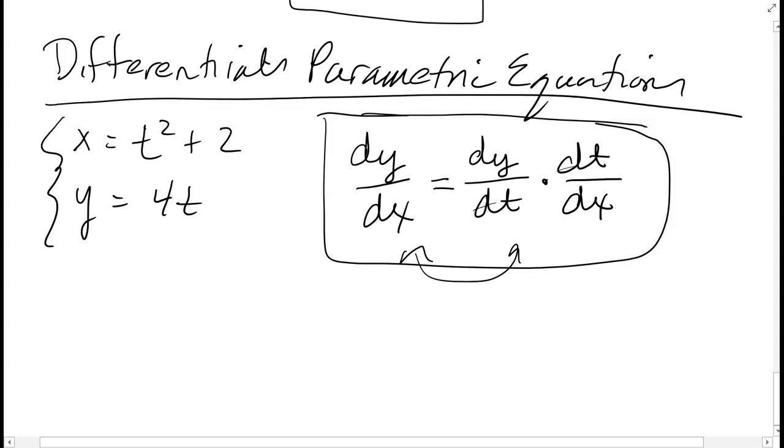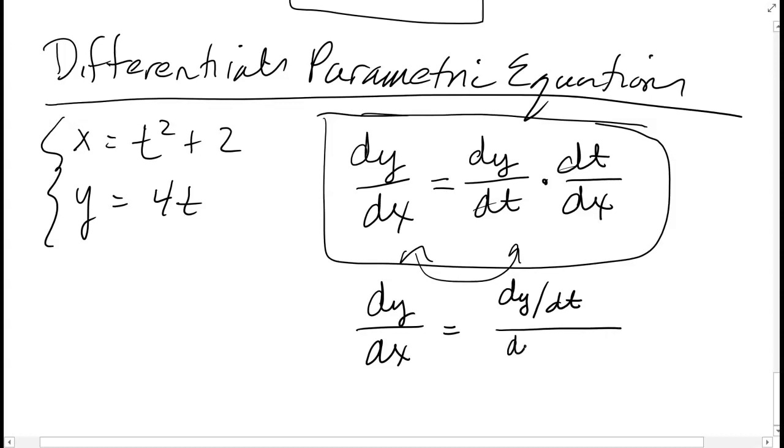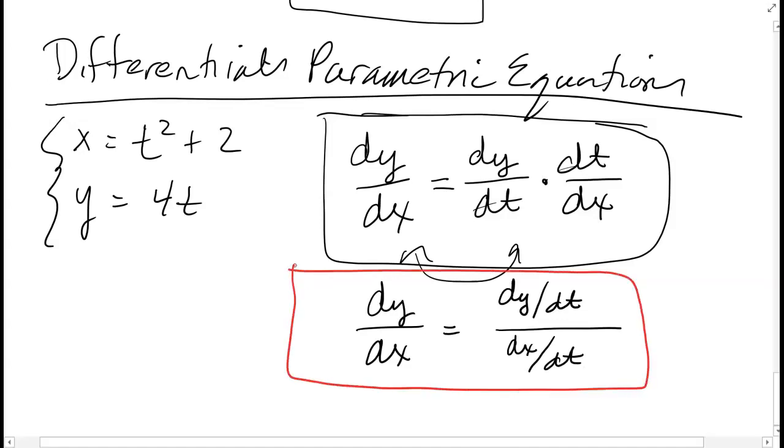The problem is the dy dt part's perfectly fine. Find the derivative of y with respect to t. That's just going to be 4. That's going to be easy. But I really don't want to find dt dx. So I'm going to do a little algebra on this and write it as dy dx equals dy dt. Instead of multiplying by dt dx, I'm going to divide by the reciprocal. And this is the way you are going to differentiate parametric equations.